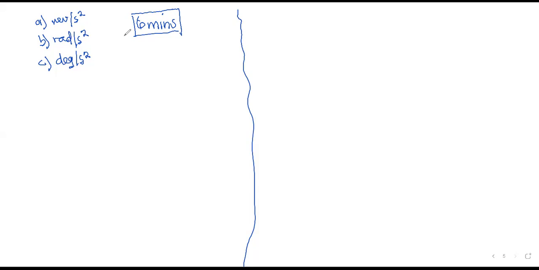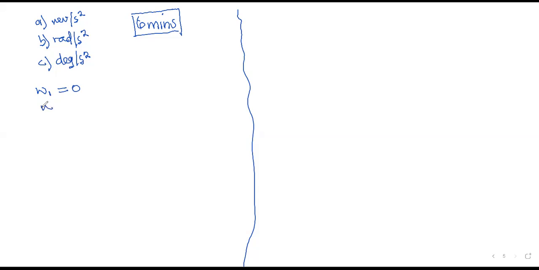The rim of a compact disc starts from rest. So clearly this must tell you that the initial angular velocity omega 1 is 0 because it starts from rest. And after 30 seconds, attains an angular velocity of 6.6.